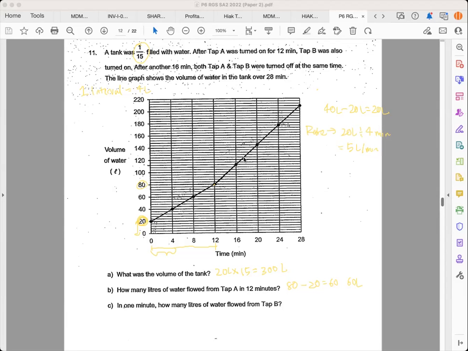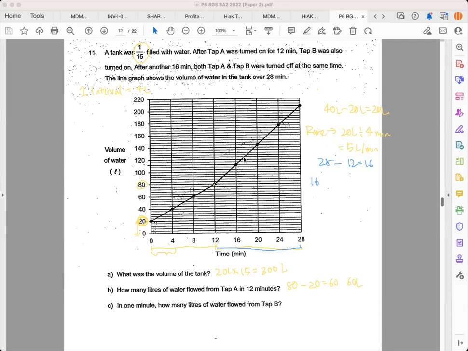From 12 to 28, 16 minutes has passed. In that 16 minutes, how much water came from A?